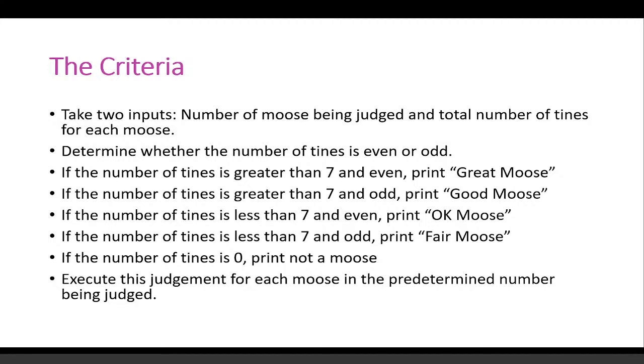If the number of tines is less than 7 and odd, print fair moose. If the number of tines is 0, print not a moose. Execute this judgment for each moose in the predetermined number of moose that are being judged. That is your task. Write that program, make it work.